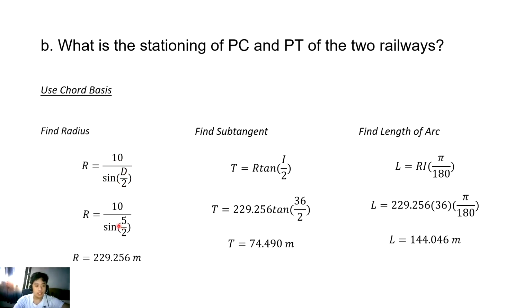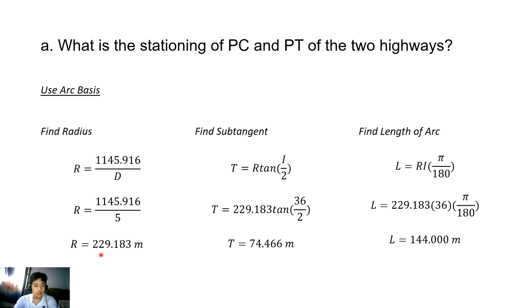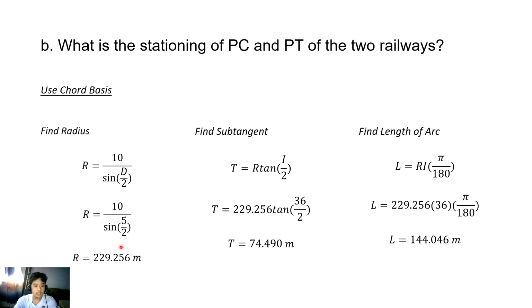We know that our D, or degree of the curve, is 5 degrees. We substitute and get 229.256. If we notice, what we first got in the arc basis was 229.183, and in the chord basis 229.256. So the discrepancy, or difference, is quite small.